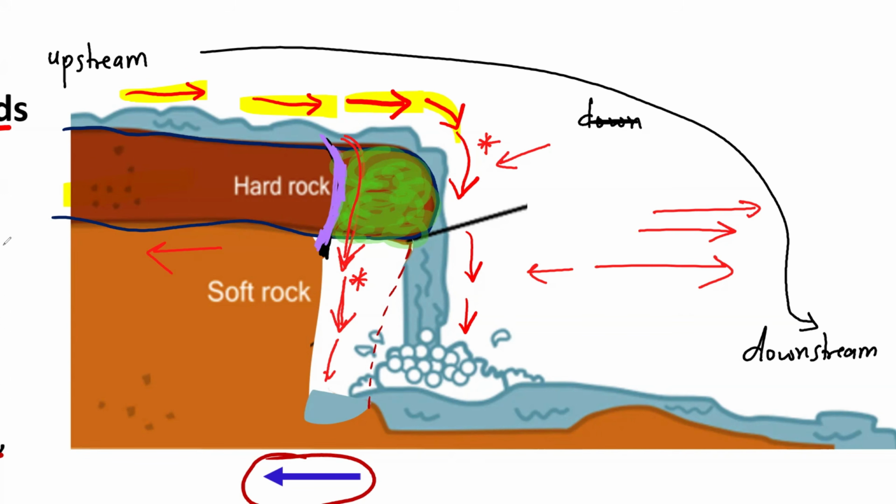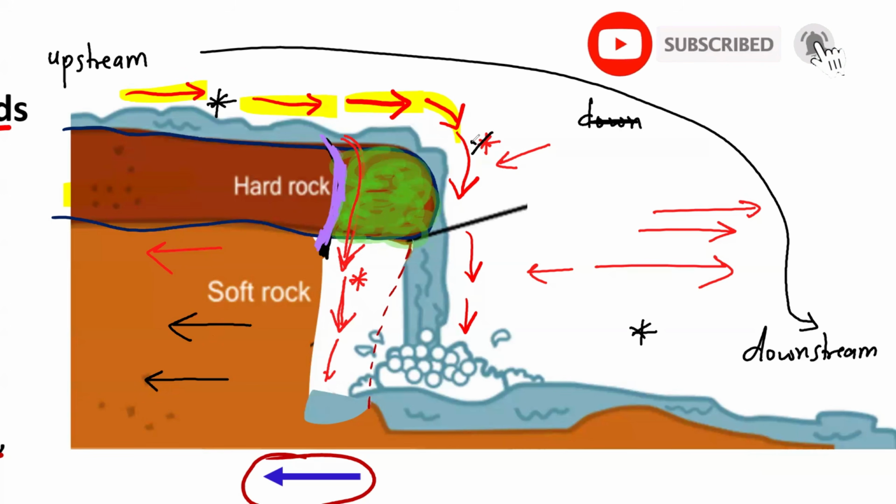It means that as the river flows from upstream to downstream, from a higher lying area to a lower lying area, the waterfall itself is retreating back. The waterfall itself is actually being eroded to keep on moving. You already saw that the waterfall was here at first, but after eroding the cap rock itself, now your waterfall is here.